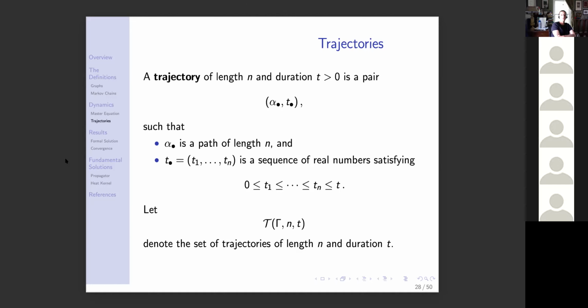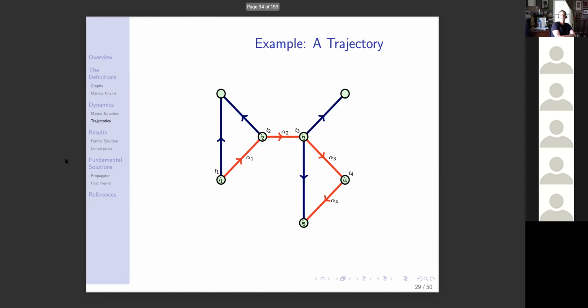So here's a picture of a trajectory. I have the path in my previous picture, and I've just labeled the initial vertex of each edge, alpha 1, alpha 2, alpha 3, and alpha 4, by these times, T1, T2, T3, T4. I don't have a T5. T1 represents the jump time, the time of jumping from the vertex I1 to the vertex I2.